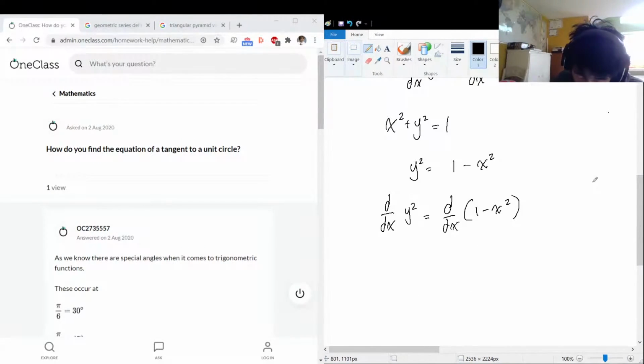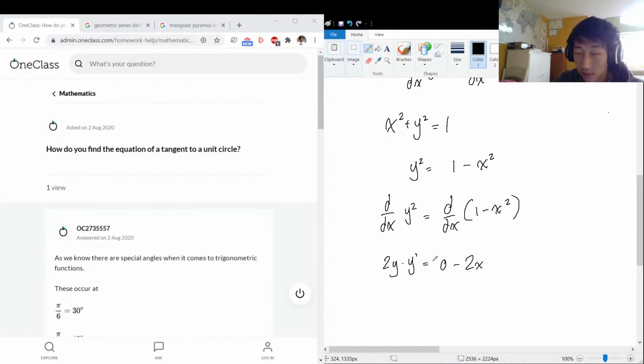So this is going to be 2y multiplied by its internal derivative, so that's just going to be y prime, is equal to the derivative of 1, so that's just 0, minus 2x. Okay, so that's just negative 2x.